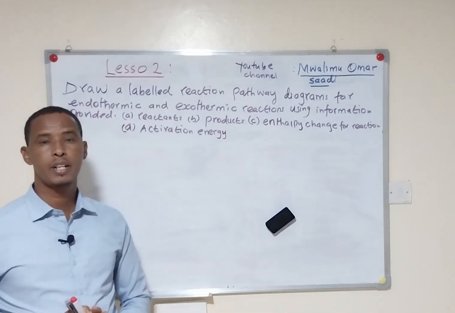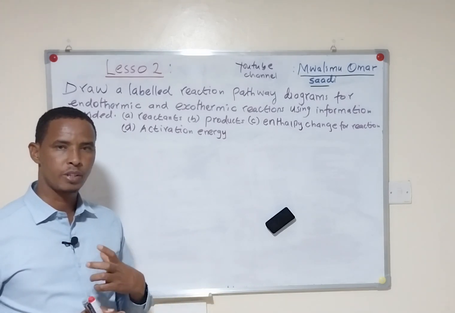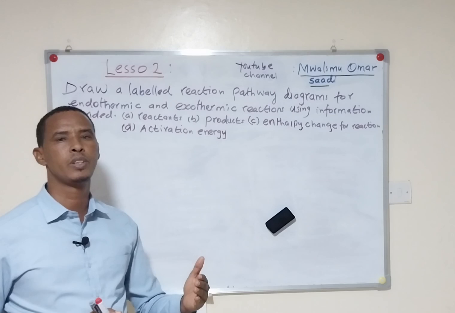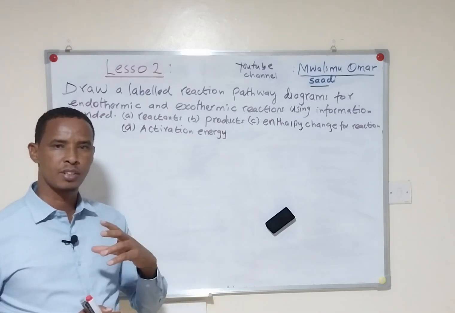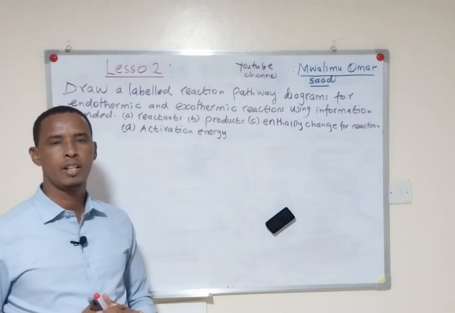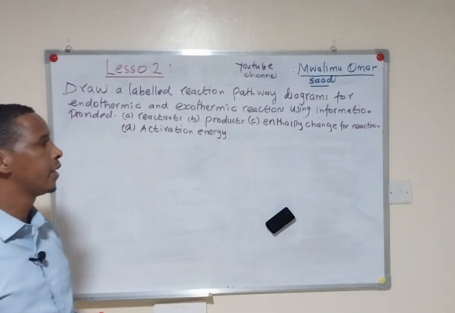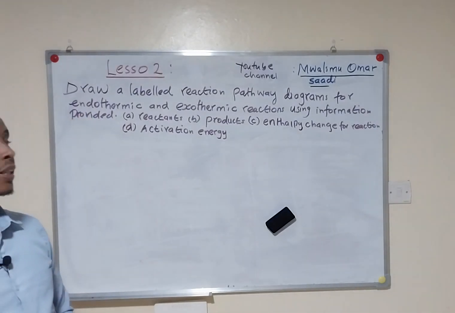So in an endothermic reaction, heat energy is absorbed from the surroundings, so the temperature of the surroundings decreases and the temperature of the system increases.